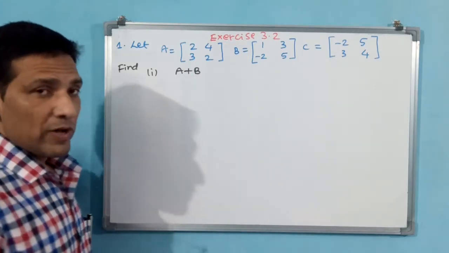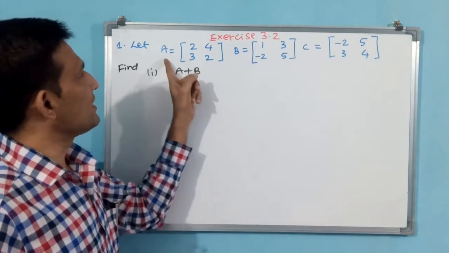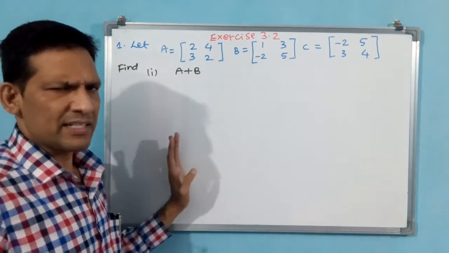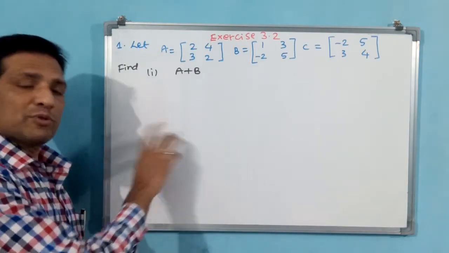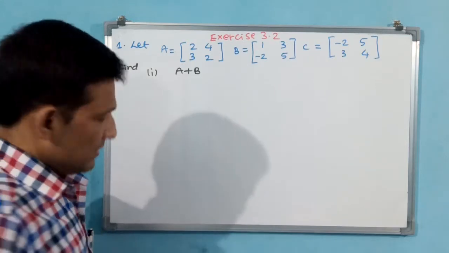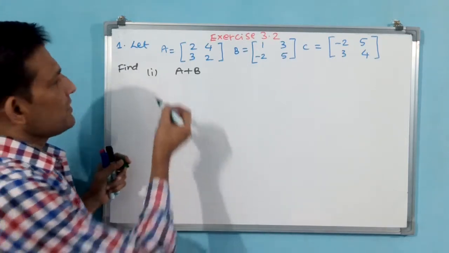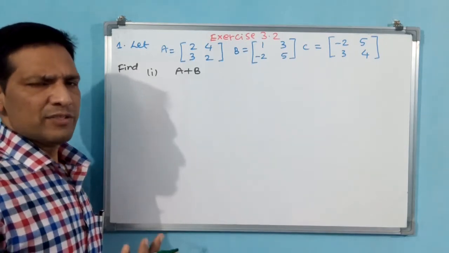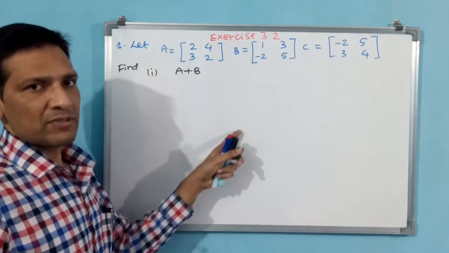For doing A plus B, always keep A on the left side and B on the right side. Already A is on the left and B on the right, so we need not write them again. If B plus A comes, we will write again. Now perform this addition operation. Addition is simple, because we have to add same-positioned elements.